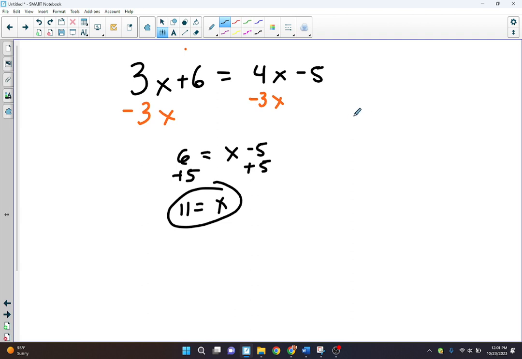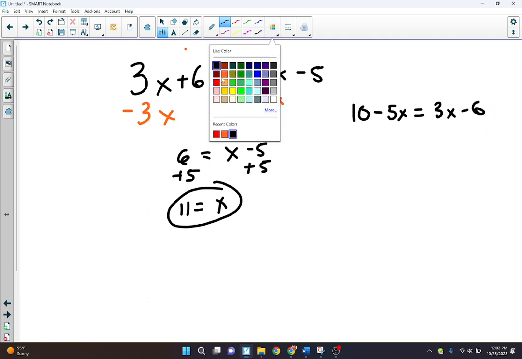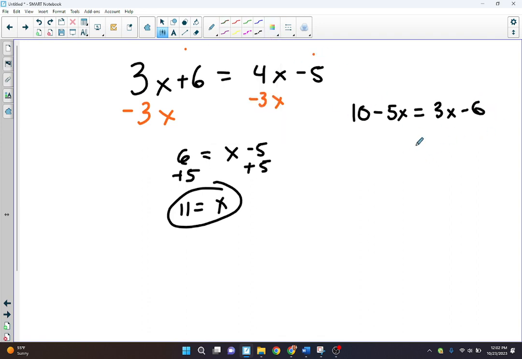If you have something like this, 10 minus 5x equals 3x minus 6. In this scenario, you're moving the smallest x.